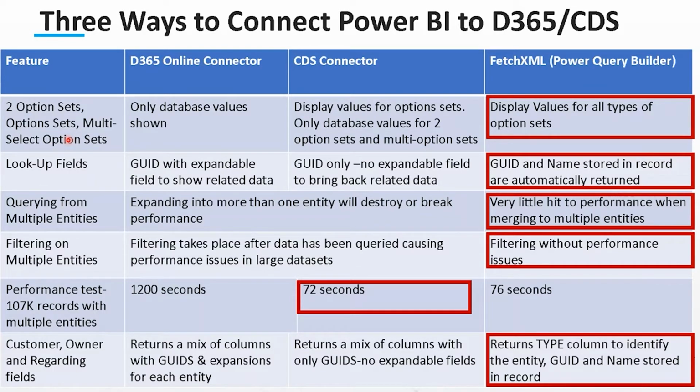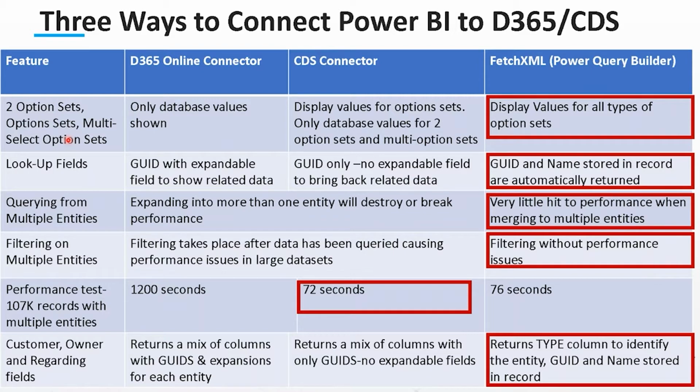How they query and filter on multiple entities, that has to do with the way that they manage merges. And then general performance, which the way that my sources measured general performance is they were really thinking about what happens when you click the close and apply button in the query editor.